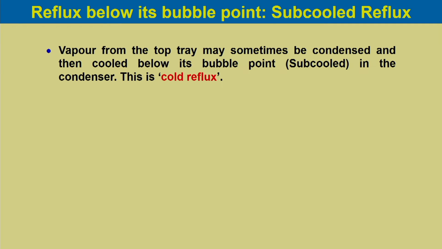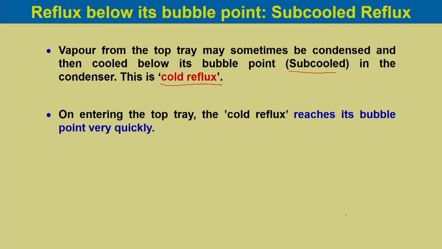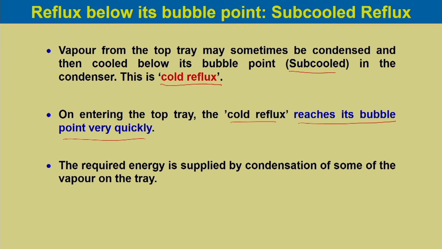Vapor from the top tray may sometimes be condensed and then cooled below its bubble point, that is called subcooled, in the condenser. This is called cold reflux. On entering the top tray, the cold reflux reaches its bubble point very quickly. Because of this, what happens? The energy required is supplied by the condensation of some of the vapor on that tray.